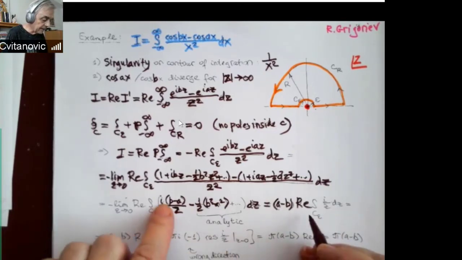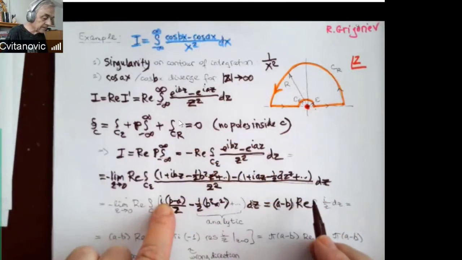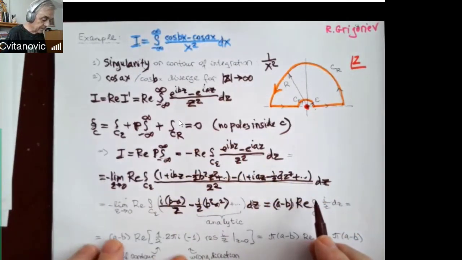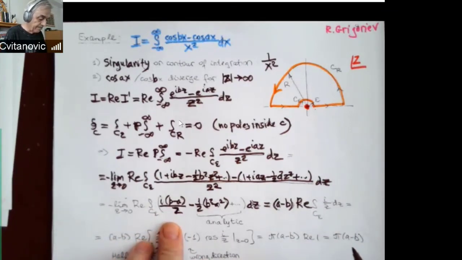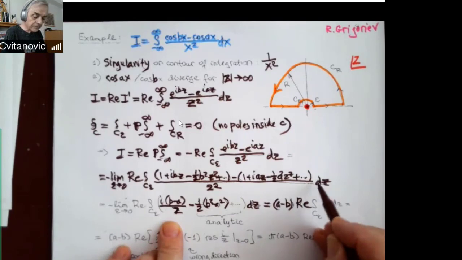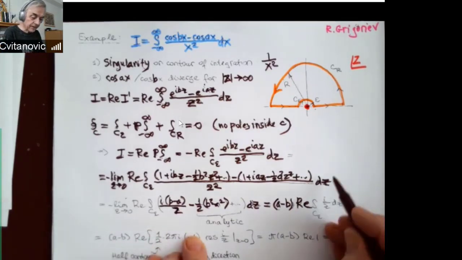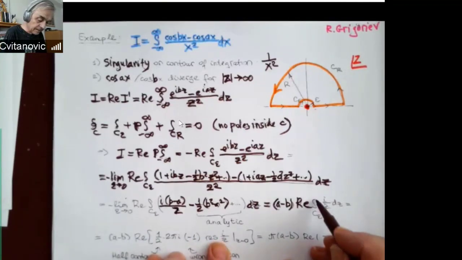And there was an i here and there was an i in front someplace. Well, the real part, yeah, just real part. An i will come from changing dz into i d theta, integrated over theta.